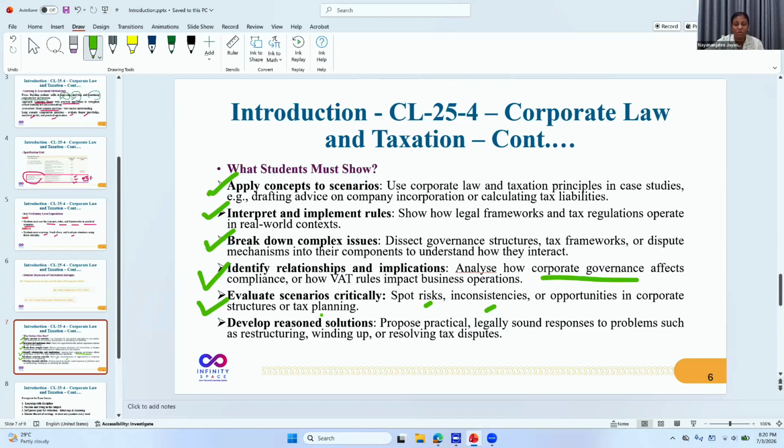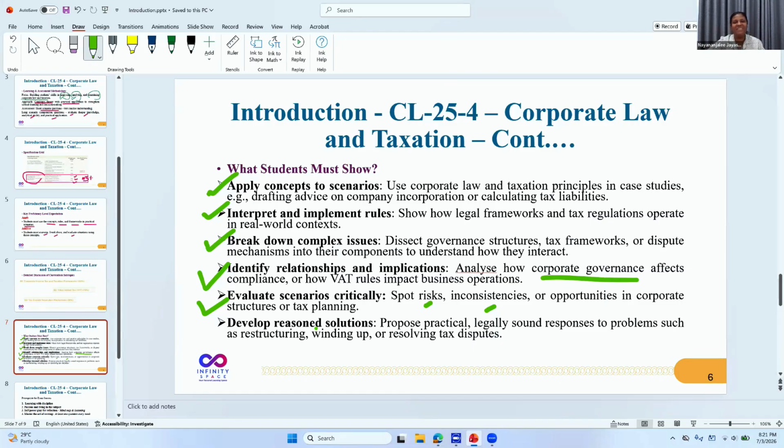Or can we invest in different activities or different companies? As an expansion, can we obtain tax concessions? Then you have to analyze and evaluate the scenario and give the best option.